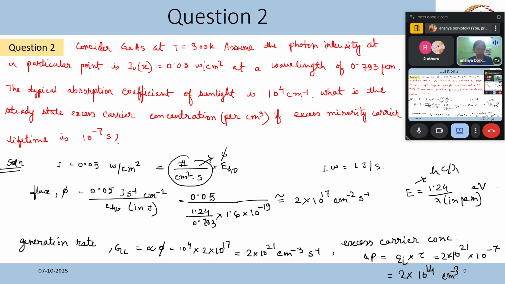I hope this calculation is clear. This is how we can get it if the intensity is given. If the flux is given, you don't have to do this calculation. You can use the flux directly to get the generation rate.